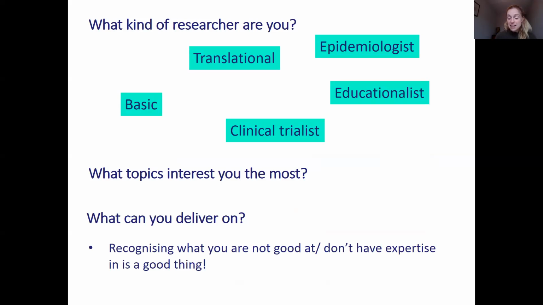And I would give an example of myself really, where I basically just did GCSE maths. I'm really bad at maths. It's not an area that I'm particularly good at. But I was really interested in mathematical oncology. And so then I ended up collaborating really nicely with some mathematical researchers.